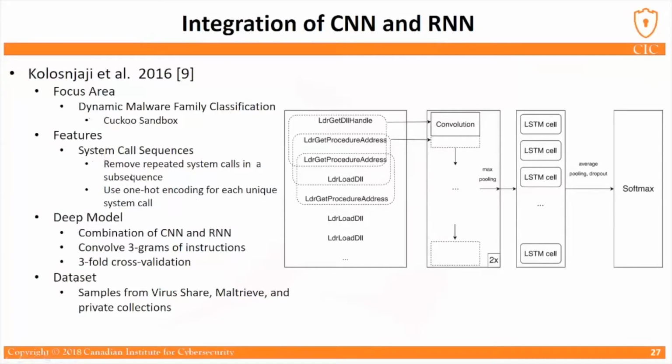So they remove repeated system calls, and they use one-hot encoding for each unique system call. And the deep model is, as I said, a combination of CNN and RNN. They convolve 3-grams of the instructions, and they use 3-fold cross-validation. Also, they have max pooling. Their datasets are samples from VirusShare, Maltrieve, and private collections.